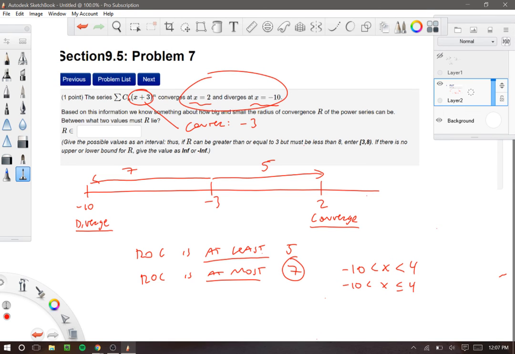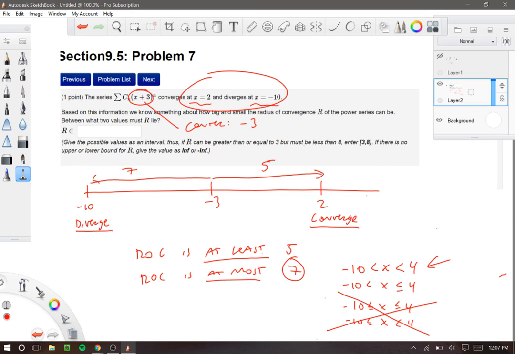We would converge at 2, and we would diverge at negative 10. Or it could be like this, and that would again match the facts of the problem. The facts of the problem make it not possible that this could happen, or this, but those are otherwise reasonable things for the interval of convergence to be.